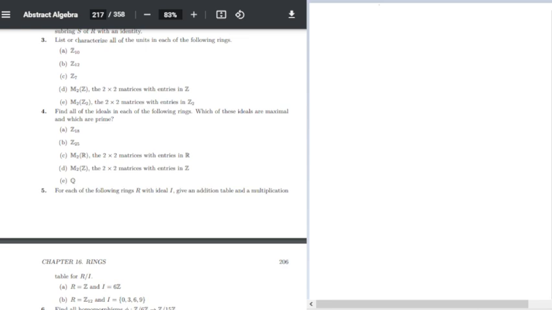So we have an ideal. Let's think. 2 by 2 matrices with entries in R. Which of the ideals are maximal and which are prime?